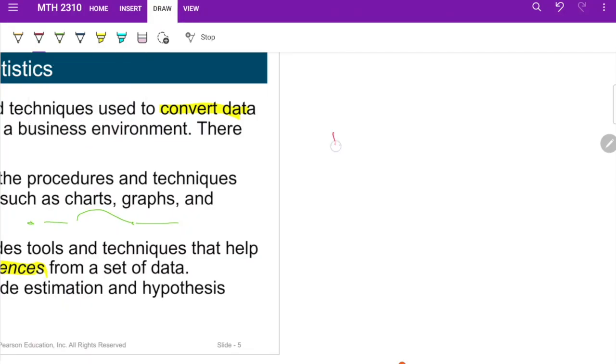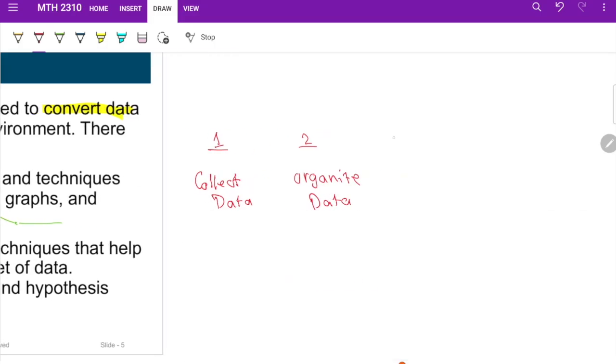First of all, the first step we're going to learn is how to collect data. After we collect data, we are going to organize data. Basically, we will do something before that: we're going to present and visualize data.